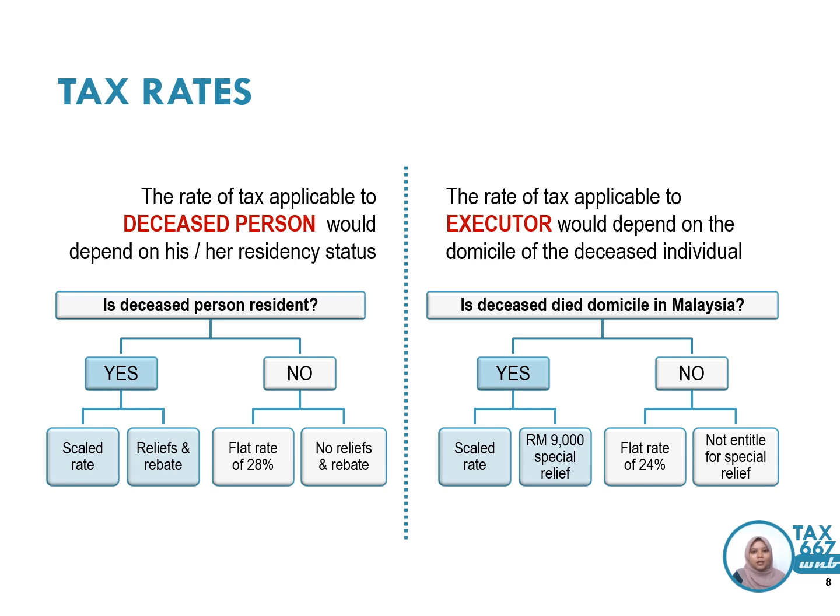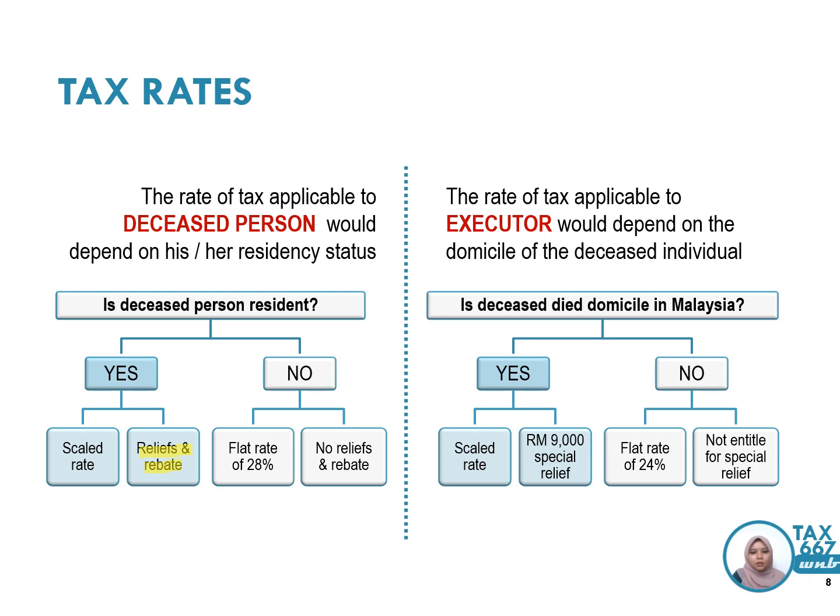Rate yang kalau income dia daripada 1,000 ke berapa ribu dan berapa persen. Daripada 50,000 kepada 60,000, berapa persen. Scale rate. And kalau dia resident, dia entitled untuk dapat relief and rebates.